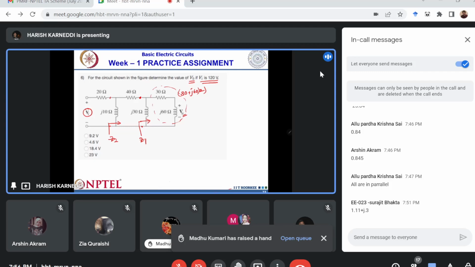This 30 plus j60 ohm is connected in parallel with j30. So Z1 equals j30 connected in parallel with the 30 plus j60. What is the equivalent value? j30 into (30 plus j60) by j30 plus 30 plus j60. What's the value of Z1?